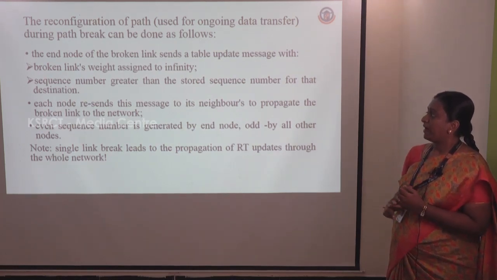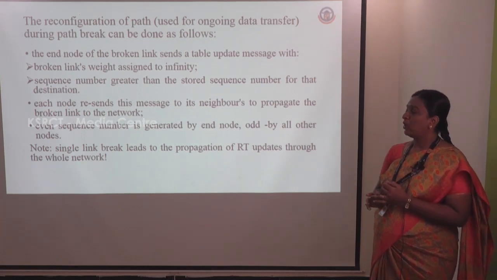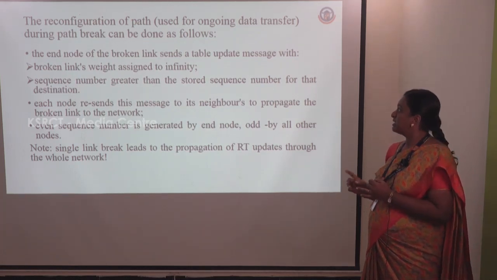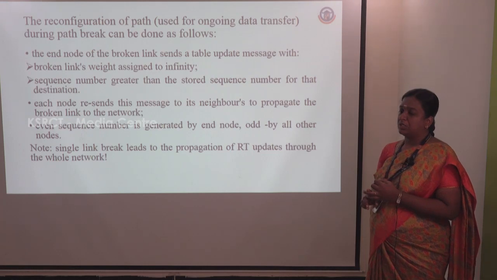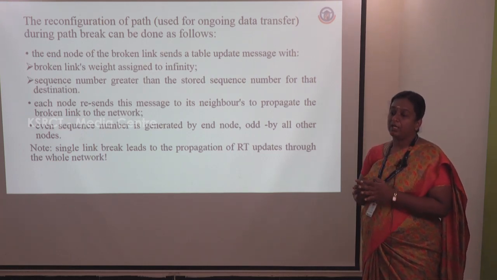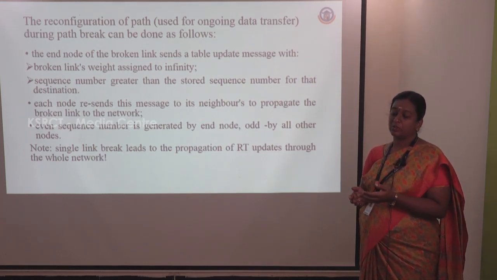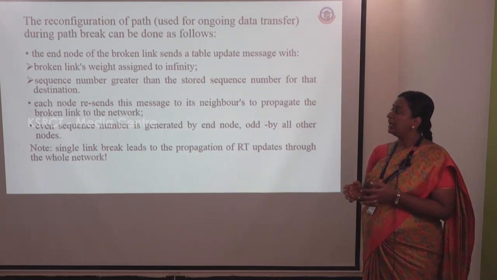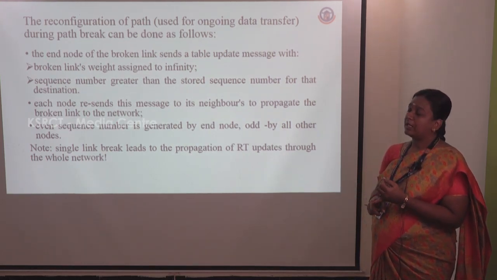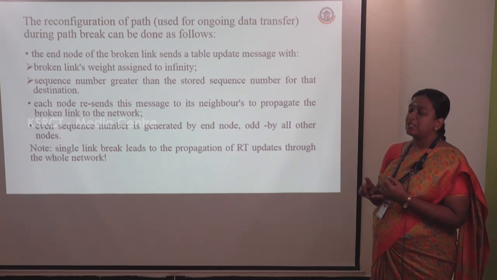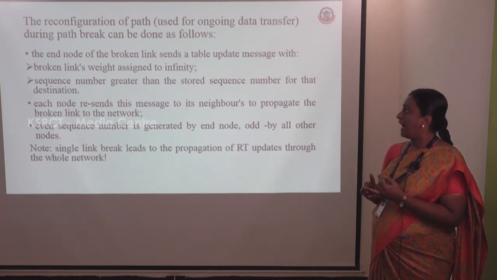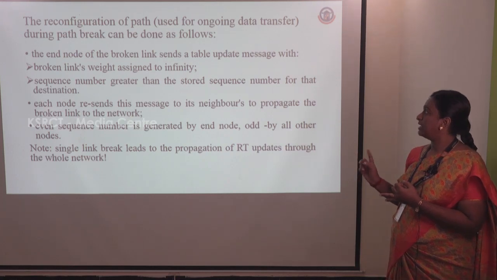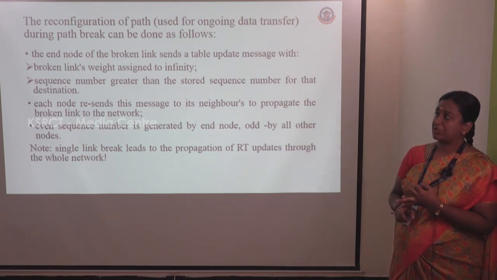The first step is that the end node of the broken link sends a table update message. So the node which detects the break, the previous node, will send the updation message to the neighbor node. The message will contain the broken link weight, which is assigned to infinity, and a sequence number greater than the stored sequence number of the destination.